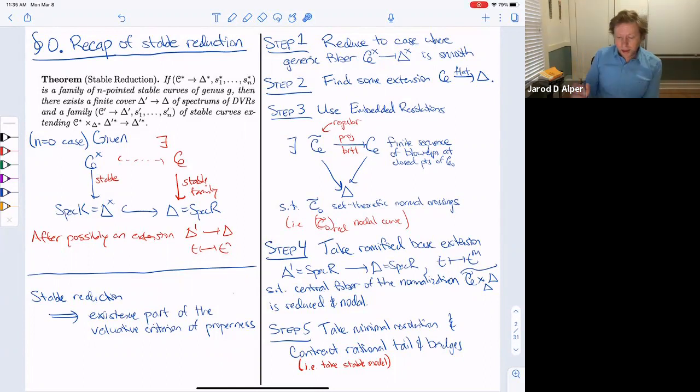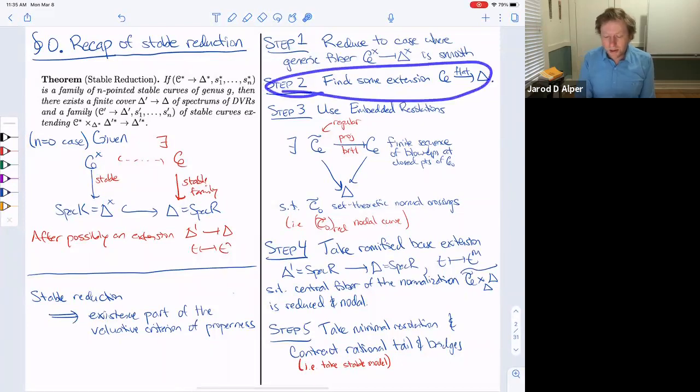All right, and then the strategy was the following 5 steps. You first reduce to the case where the generic fiber is smooth by considering the nodes and taking partial normalizations, and then using the fact that the stability of curves behaves well with respect to normalization. And then by using the properness of the Hilbert scheme, essentially, you can find some flat limit.